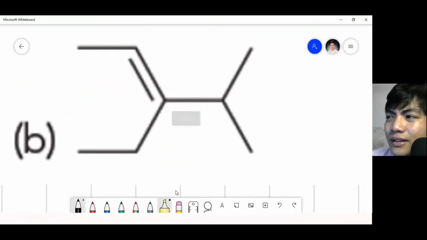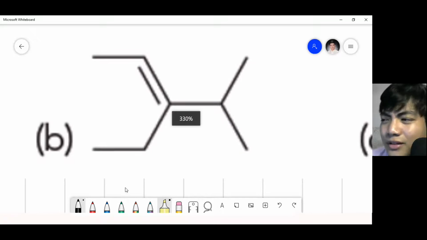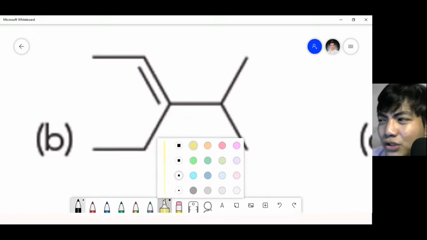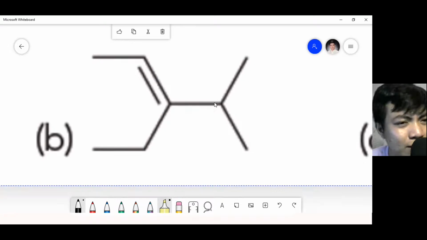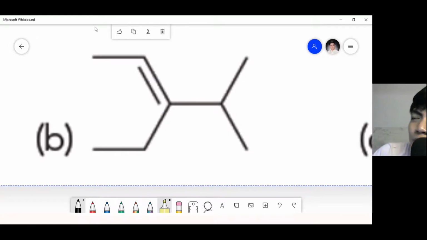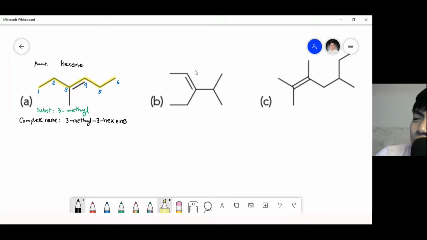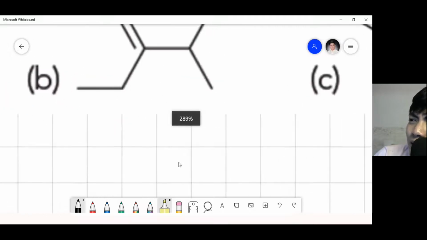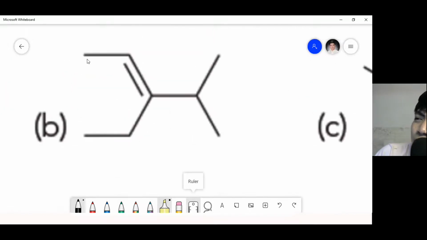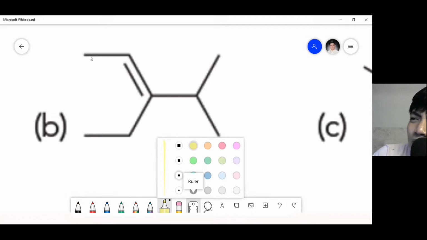So this one's kind of interesting. Where is our parent chain here? So again, it should always include the double bond. So we can consider this as a parent chain. Okay. Marami tayong variety dito.